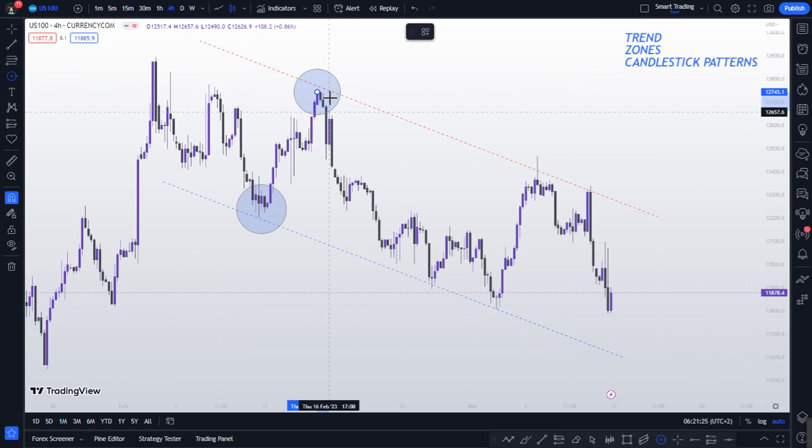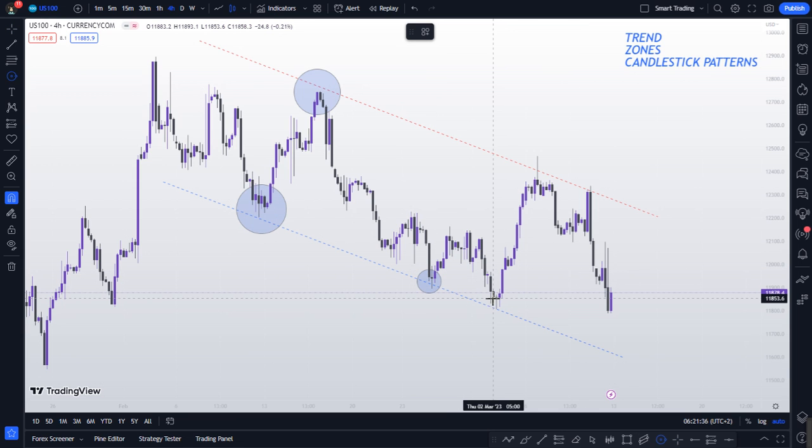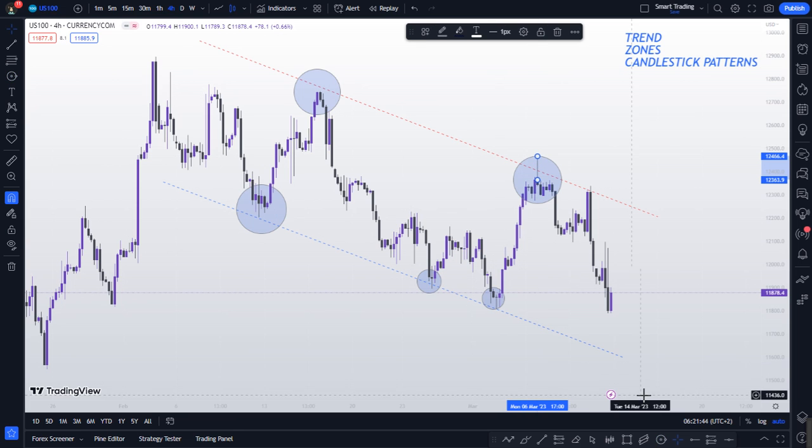And then we have our second touch right over here, right? And we all can agree this is our third touch. And also fourth touch, right? Now fifth.